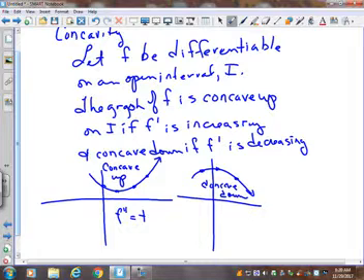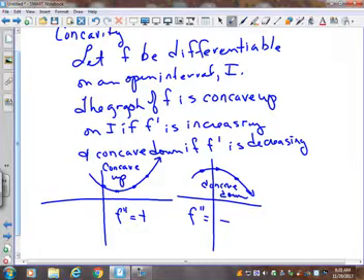When your graph stays positive, it shows concave up on both sides of your minimum. And when your graph stays negative, it shows that it's concave down on both sides of your maximum. So for this minimum, both sides would be positive, and on this maximum, both sides would be negative.